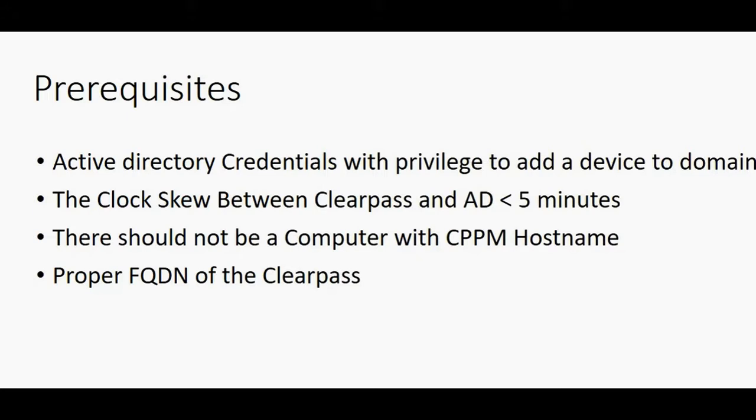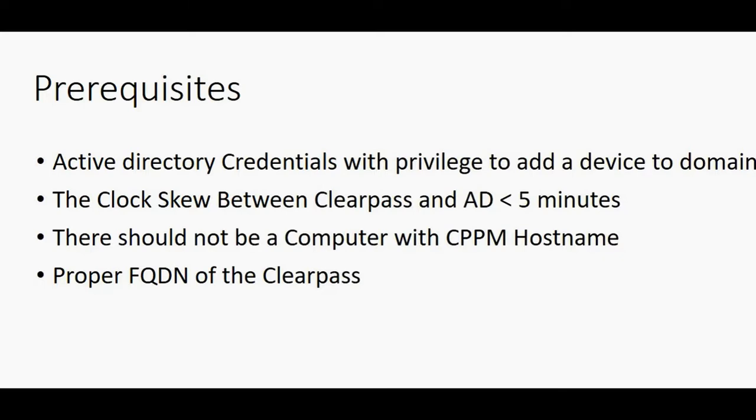First, we would need Active Directory credentials that have at least access to create or modify a computer account. The clock skew, that is the difference in the clock between ClearPass and the Active Directory, shouldn't be greater than 5 minutes.